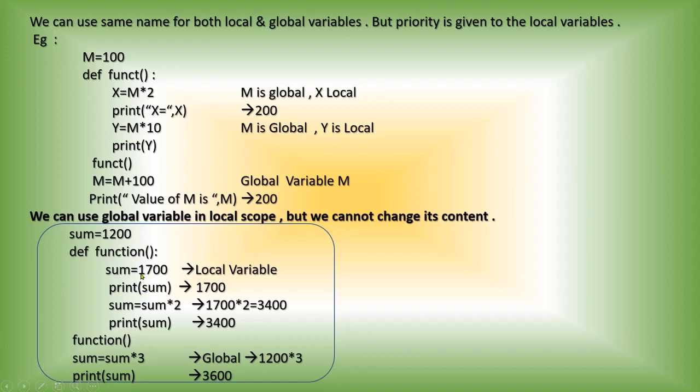So the local variable is accessible and usable inside the function. Local variable has more scope than the global variable. Each time you use sum inside the function, it is accessing the local variable. But outside the function, when you use sum, that will be the global variable.